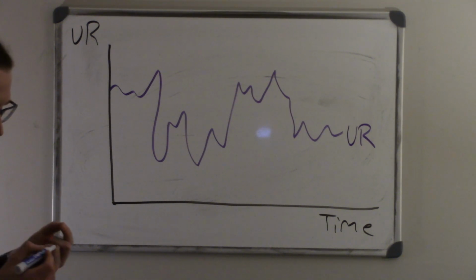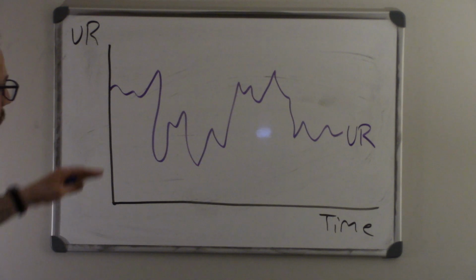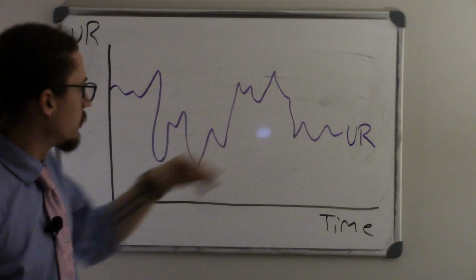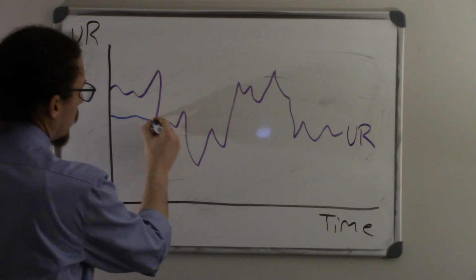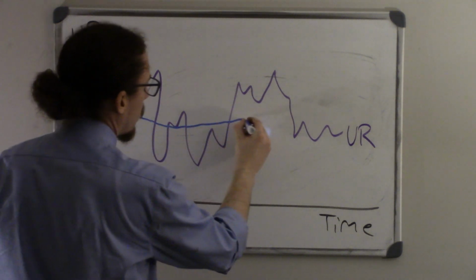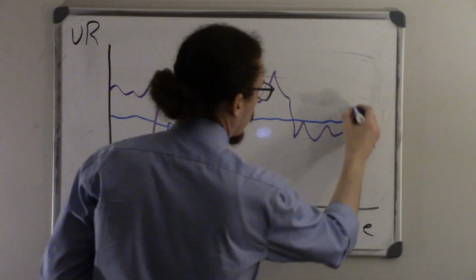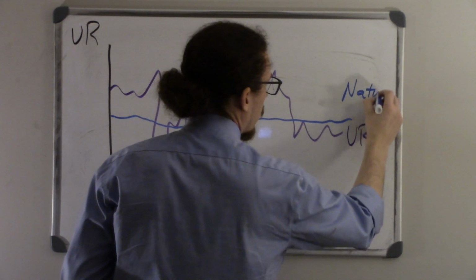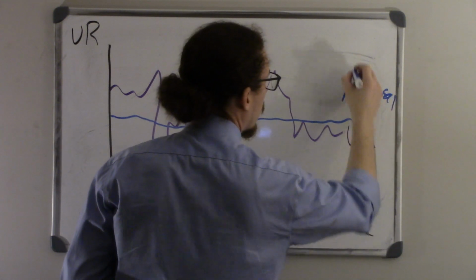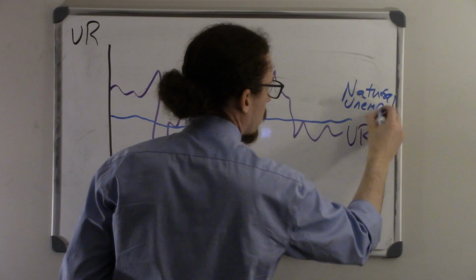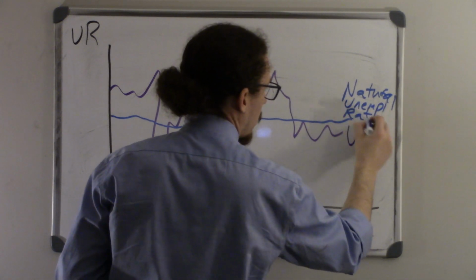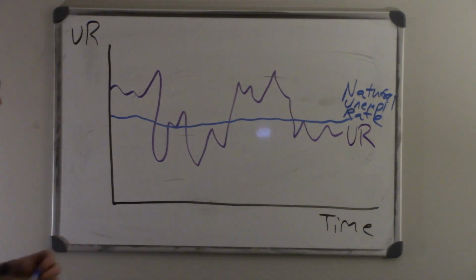What our natural unemployment rate would be is the line that moves through this. It might look something like this.